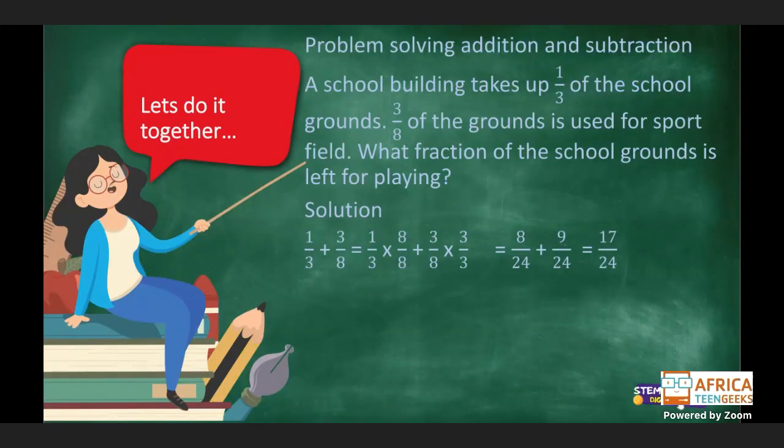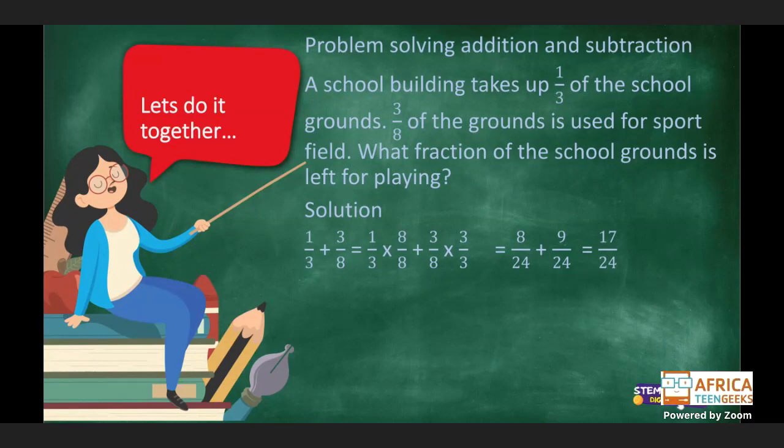1/3 of the school grounds. 3/8 of the school grounds is used to support the field. What fraction of the school grounds is left for playing? So basically, we have a school ground. How many school grounds are we talking about? The school plot, basically.